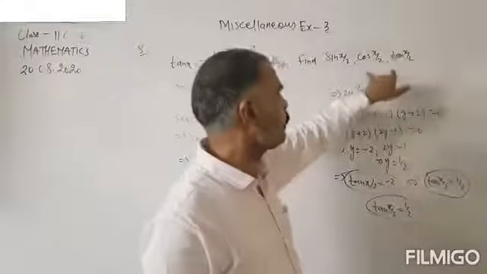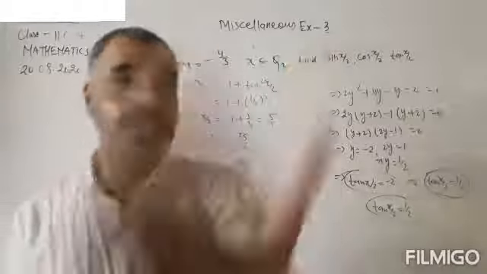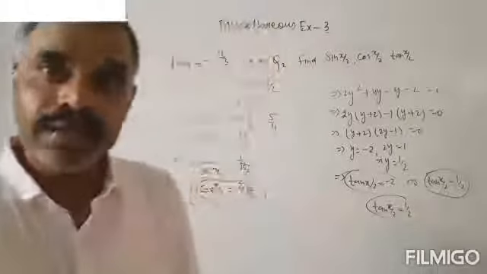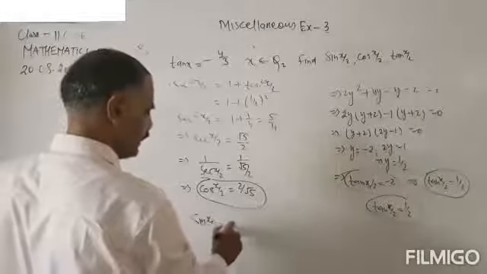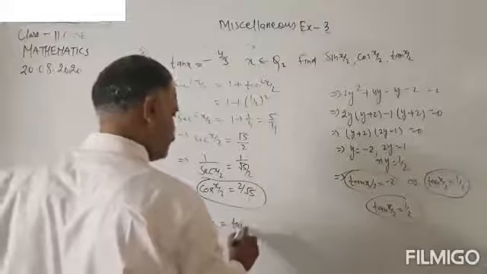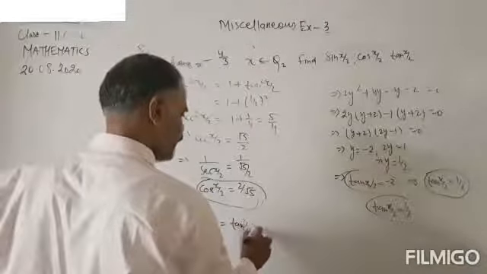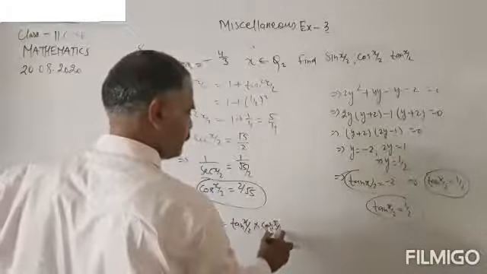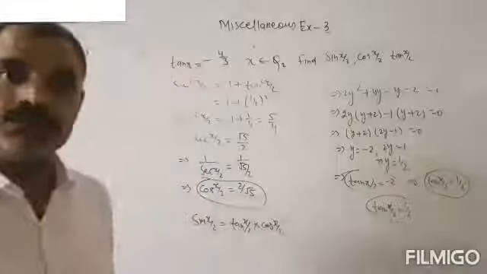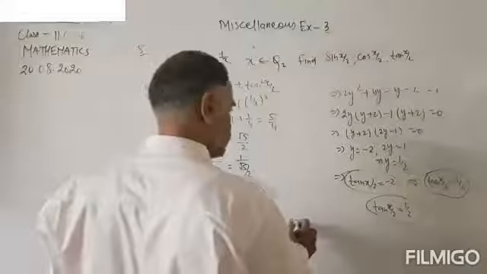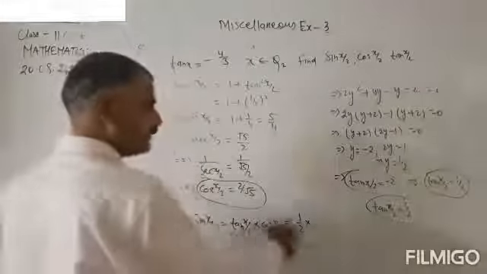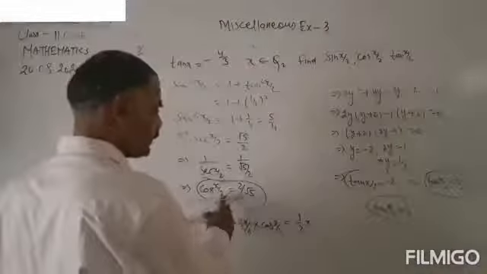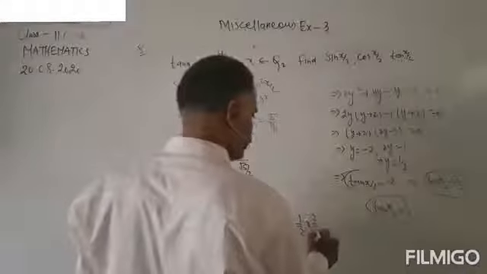Now we have to find the sin x by 2. Sin x by 2 is equals to tan x by 2 multiplied by cos x by 2. So tan x by 2 is equals to 1 by 2, and cos x by 2 is equals to 2 upon under root 5.